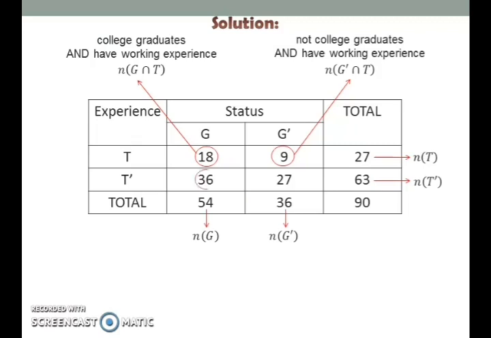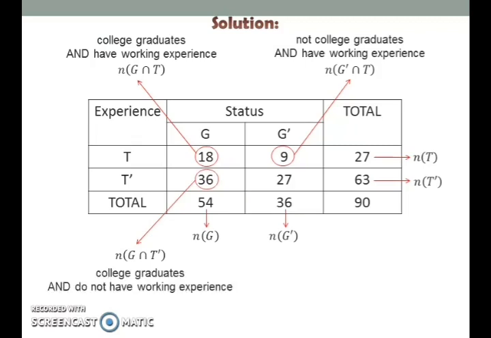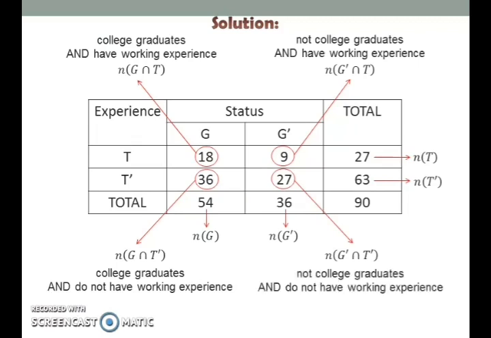The value in this box represents number of elements in G intersects T prime, which is number of people who are college graduates and do not have working experience. Finally, the value in this box represents number of elements in G prime intersects T prime, which is number of people who are not college graduates and do not have working experience. Also, take note that the grand total of the table represents number of elements in the sample space.